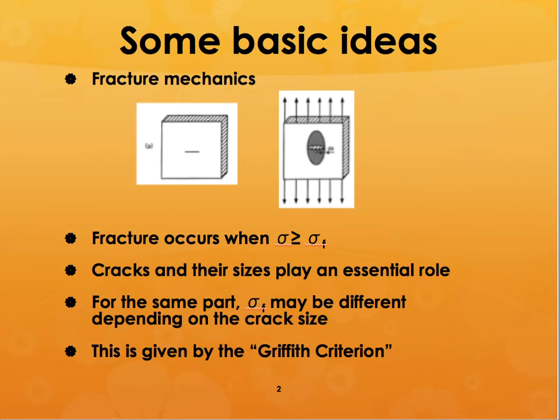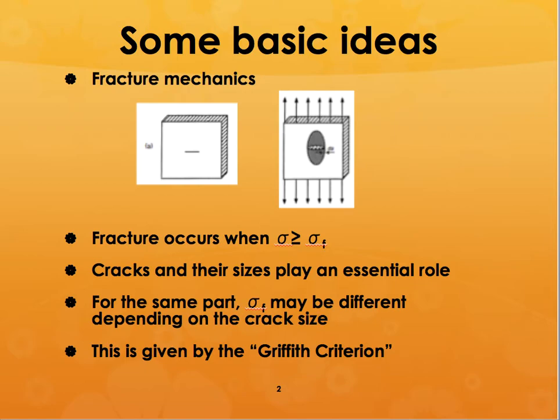So some basic ideas of fracture mechanics. Some of you may already know this. When does fracture happen? Fracture happens when the applied stress exceeds the fracture stress, and the fracture stress actually goes down if there are cracks present in the material.